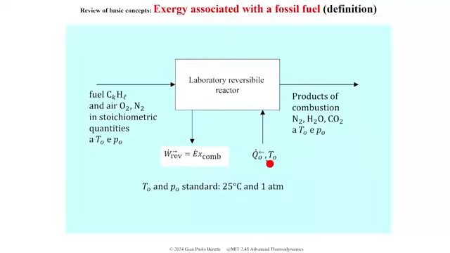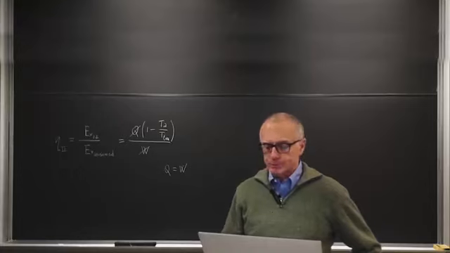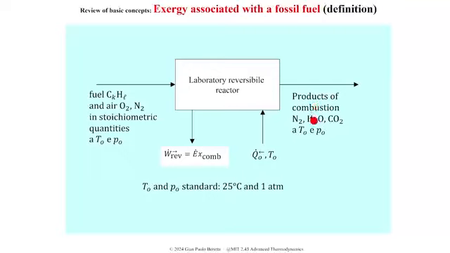It needs, as usual, an interaction with the environment so as to exchange the entropy that is needed to balance the entropy without the need of irreversibility. And so this result is the exergy of your fuel, the maximum work you can extract. While your products of combustion, notice, are down in mutual equilibrium with the environment, so are again at environmental conditions.